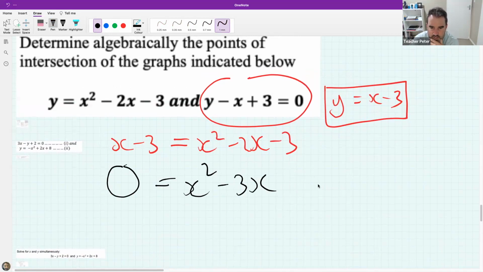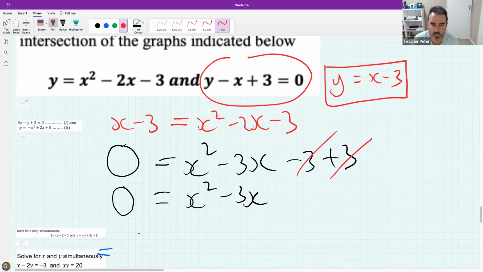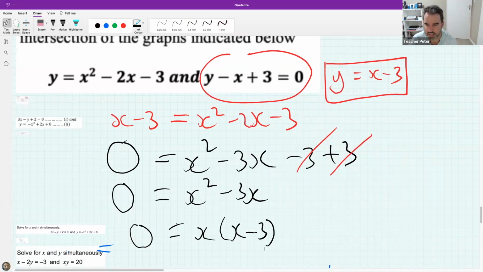Oh, that's quite nice, because these guys knock each other out. So you get x squared minus 3x. So those two are gone. And then what we need to do is we get naught equals x minus 3. So what are my two solutions if I get that?